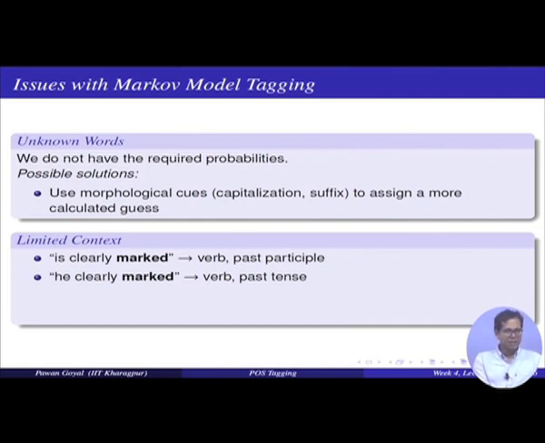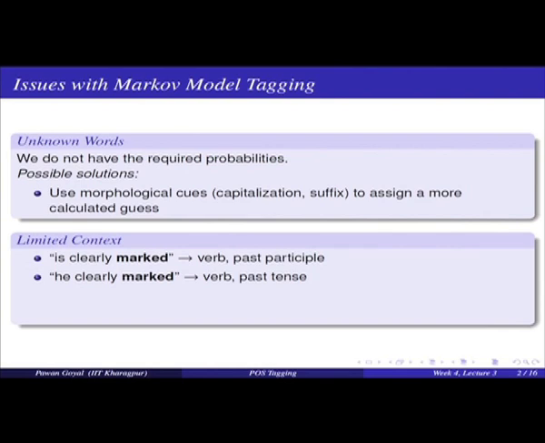What you are seeing here is that "marked" in the first case is a past participle, and in the second case it is a verb in past tense. But just the previous context is not sufficient to tell this. Because in HMMs we are only using the previous context, this might not be sufficient to handle this particular case.